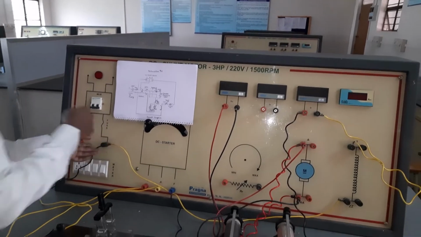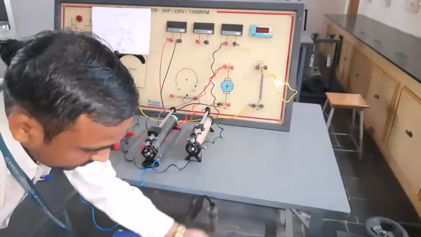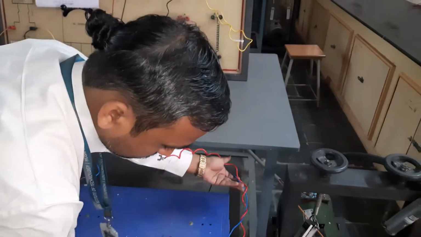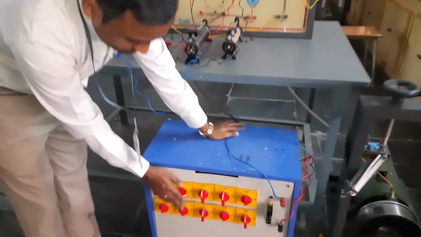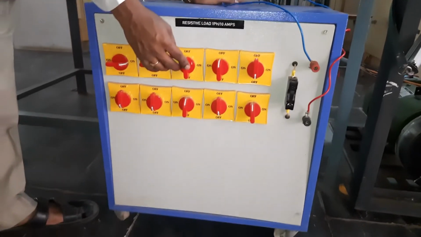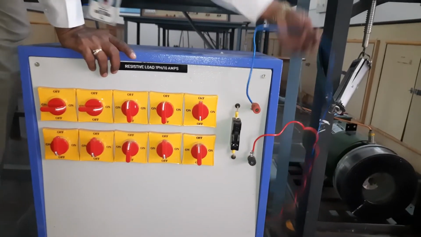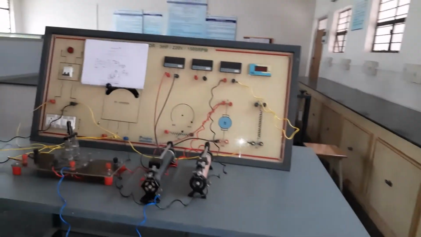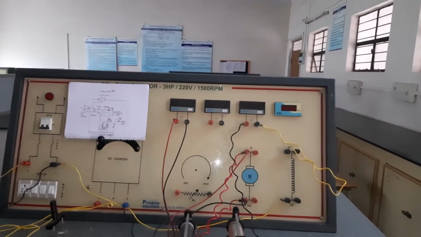So this is the connection, and the load terminals. This is the resistive load connected here, and we can gradually increase the load. The positive terminal of the load is connected here.